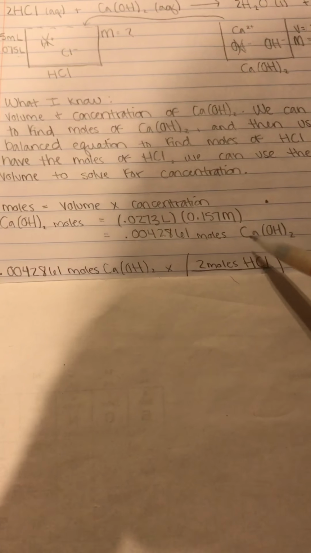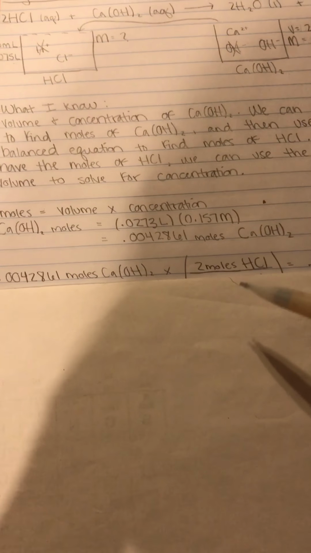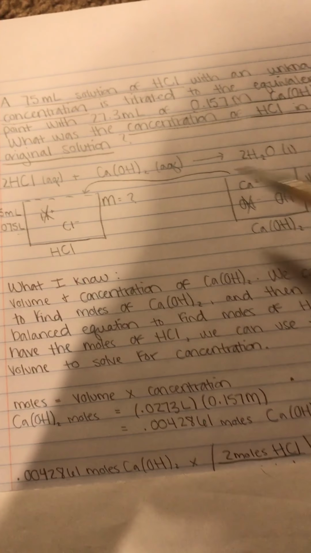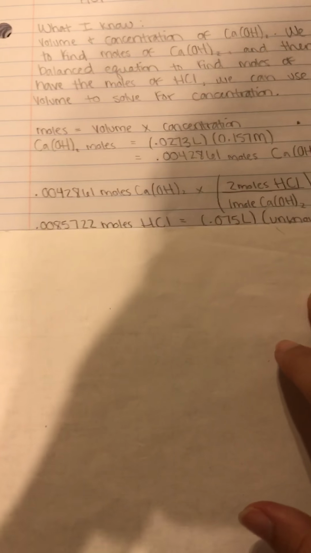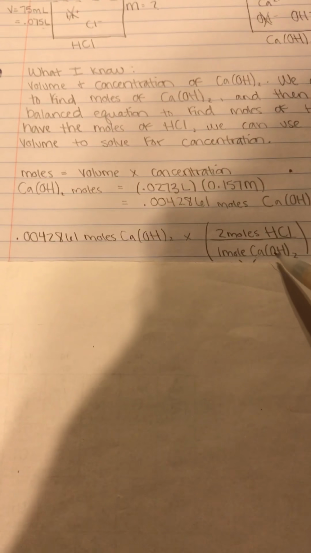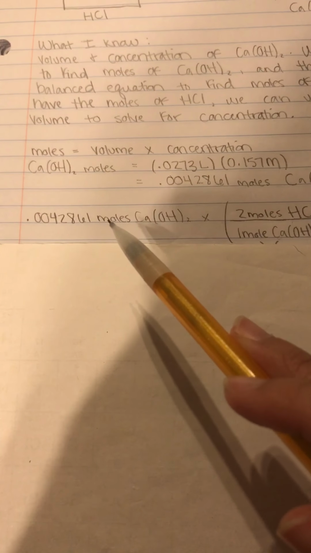So once we have the moles of this, the calcium hydroxide, we can solve for moles of hydrogen chloride by using the relationship in the balanced equation, and this is known as stoichiometry. So for every 1 mole of calcium hydroxide, there are 2 moles of hydrogen chloride. So 0.004281 times 2 gives us 0.008562 moles of hydrogen chloride.